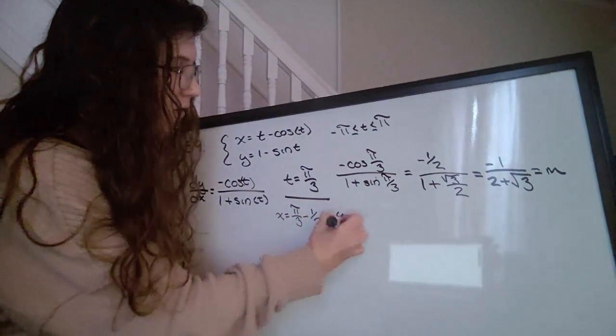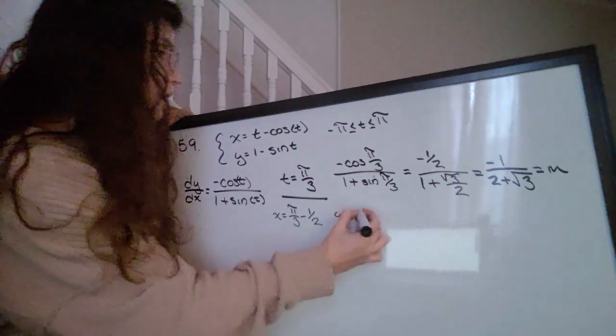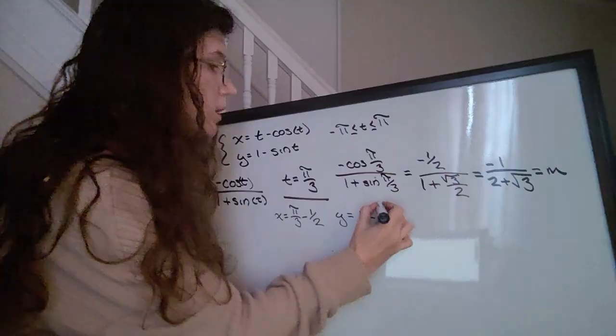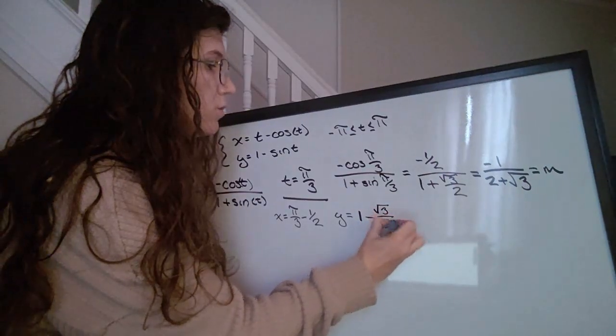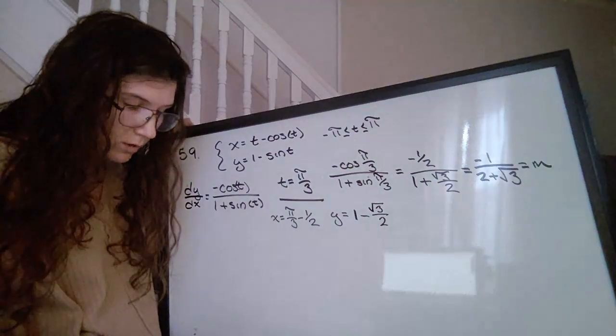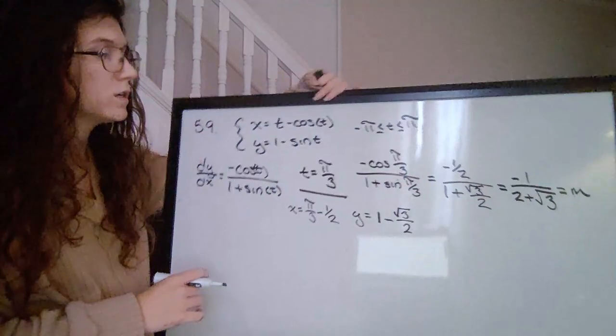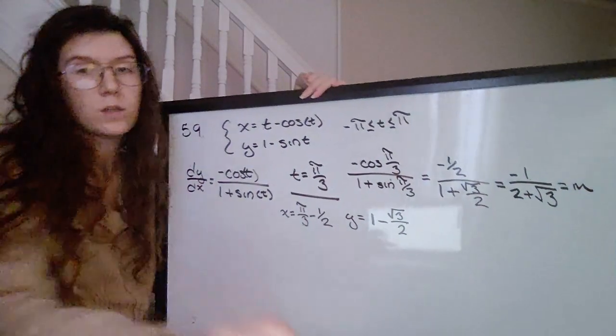And then my y would end up being 1 minus sine of pi over 3. So that would be 1 minus root 3 over 2. I'm not going to write this equation of the line because it's really funky and I'd waste space here. But then you would do your point slope formula.